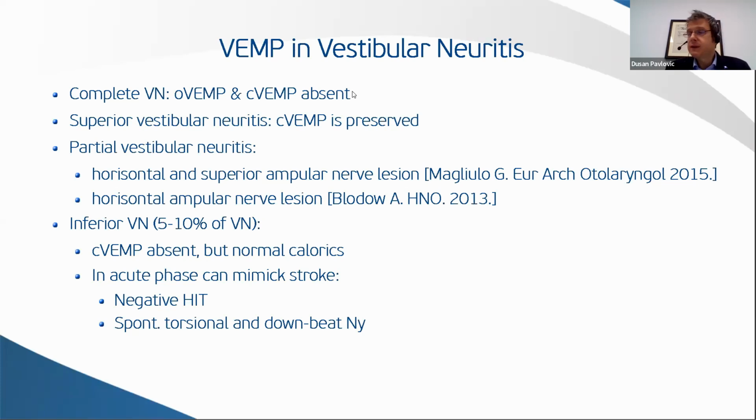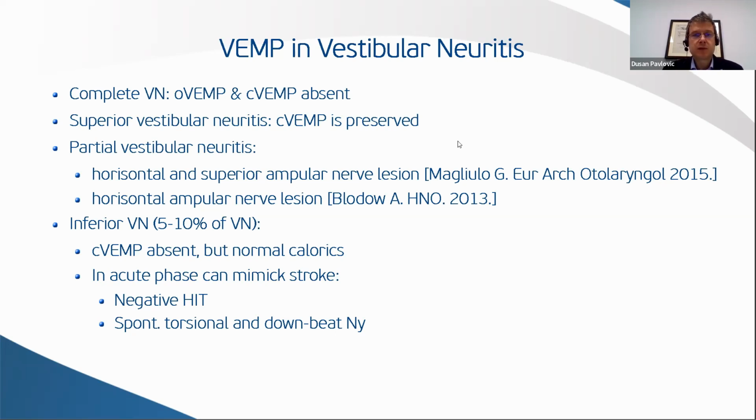So here is the clinical utility of VEMPs in vestibular neuritis. If we don't get a response with OVEMP and CVEMP, we consider the whole vestibular nerve is affected. If CVEMP is preserved, it is the more common form of vestibular neuritis, superior vestibular neuritis.